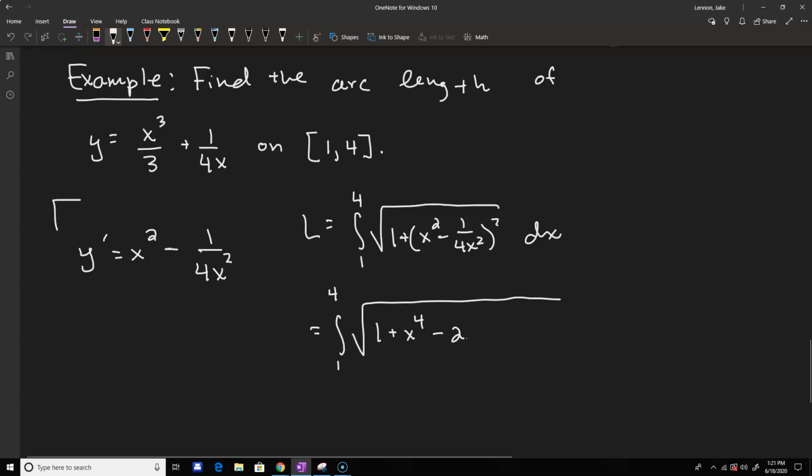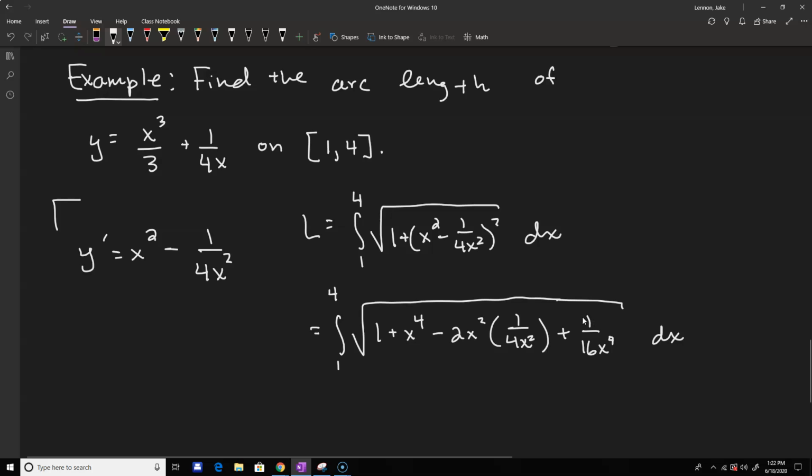I'll say minus 2 times x squared times 1 over 4 times x squared. And then you're going to have plus 1 over 16 x to the 4th. So that's everything that's inside the integral.